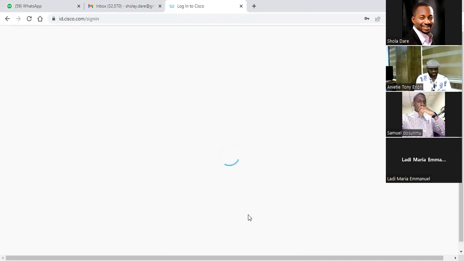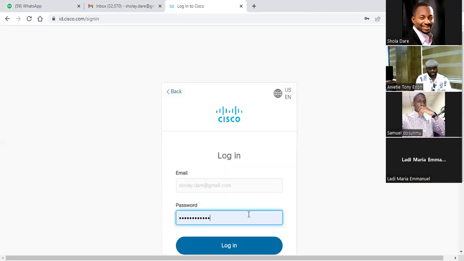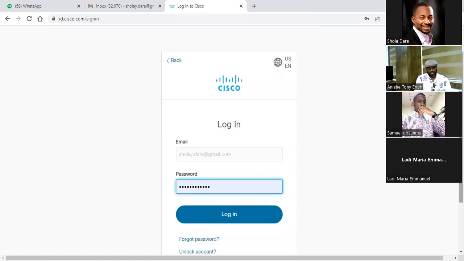It's going to request your password for you to sign in. For me, I've already saved my password to the browser, so I don't need to type it in. The password is already there. I just click to log in.